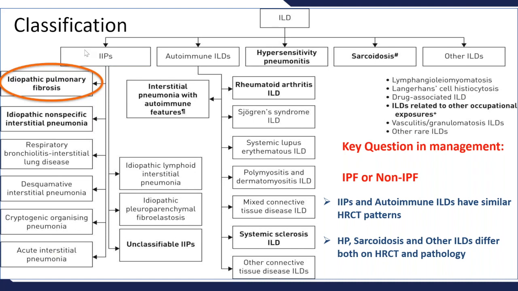So there's one disease, IPF, and then there are 199 plus other diseases which are clubbed under non-IPF. The reason is that IPF has the worst prognosis, but IPF also is the disease where a lot of research has taken place in recent years, and new drugs which halt fibrosis have been developed. So the management of these diseases basically requires the first differentiation, whether it is IPF or non-IPF.